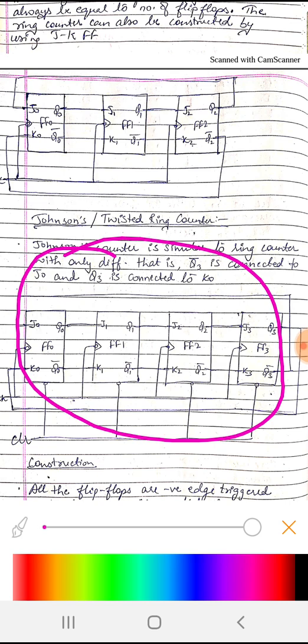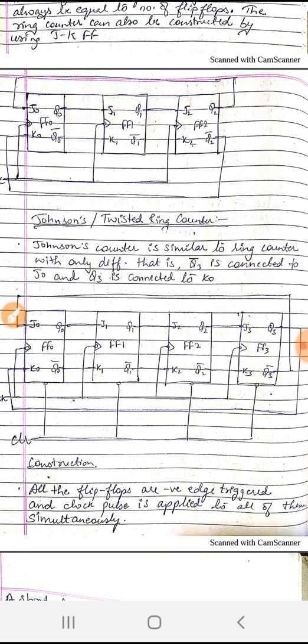In university exams it often comes, what is the difference between a twisted ring counter and a ring counter. Sometimes they give us this question only, that explain Johnson counter. So we should know that Johnson counter is nothing but a twisted ring counter, okay.